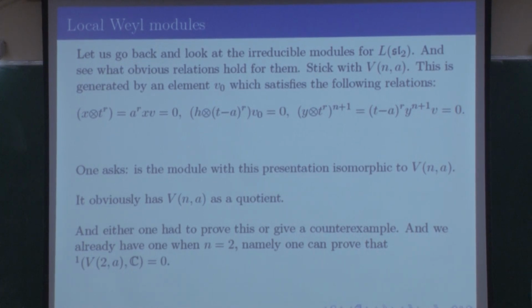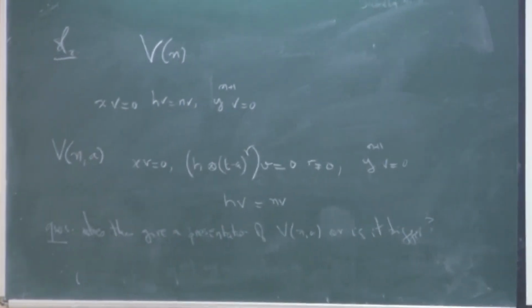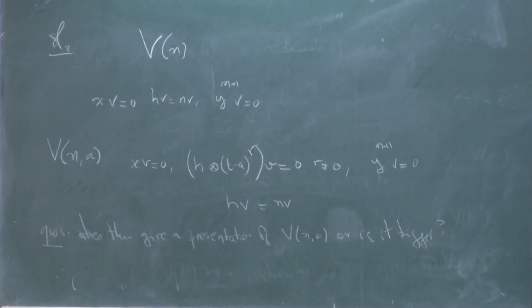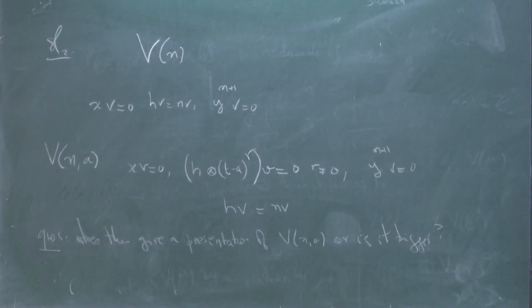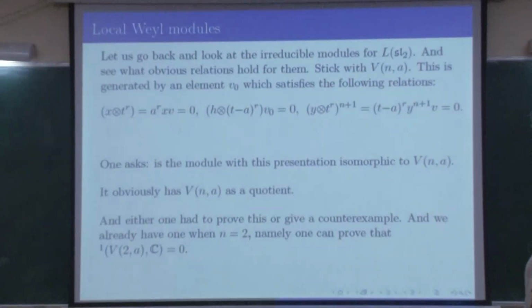Condition y to the n plus 1 v equal to 0. Wouldn't that imply that y tensor t to the r n plus... So, sorry, say that again? So this y tensor t to the power r, n is one of your conditions. Yeah.